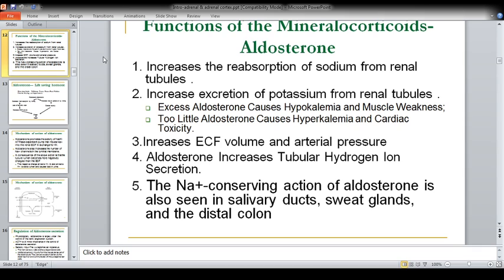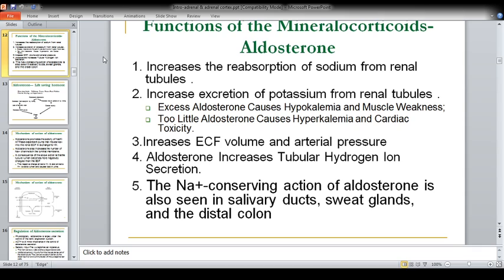Excess aldosterone or hyperaldosteronism would cause hypokalemia and muscle weakness. Remember this. So if there is excessive aldosterone being produced in the body, it would result in excess potassium being excreted out from the kidneys, from the body, which would end in a situation that is known as hypokalemia, and it would cause muscle weakness.